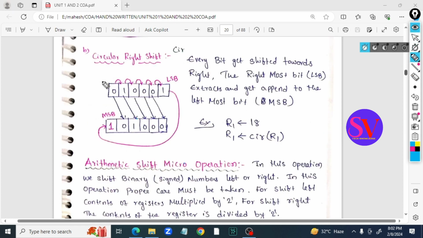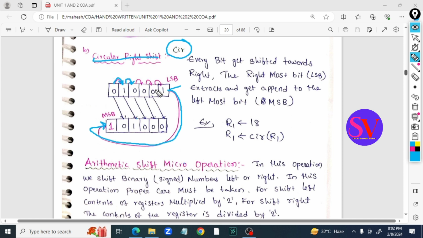Next, the circular right shift operation, it is represented with CIR. Okay, here every bit will be shifted right. One bit, one place right shift, and the LSB would actually be discarded, but this LSB will be connected with the MSB.